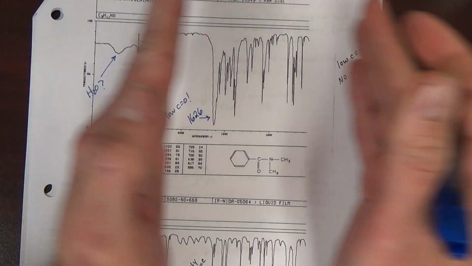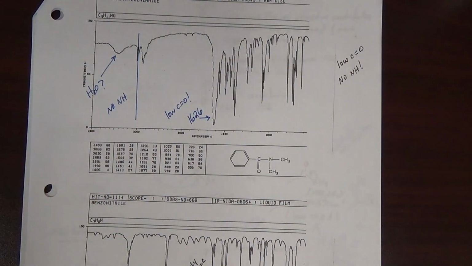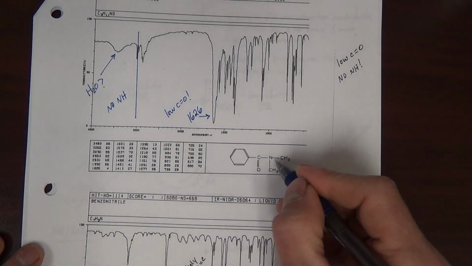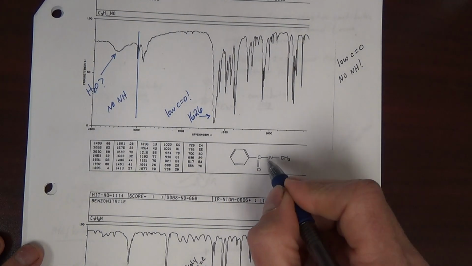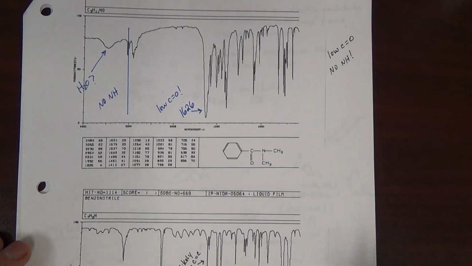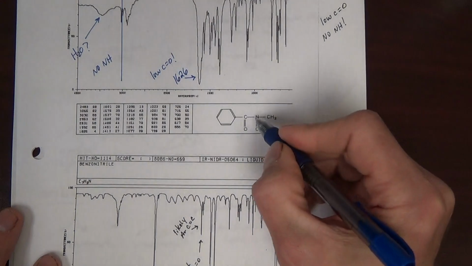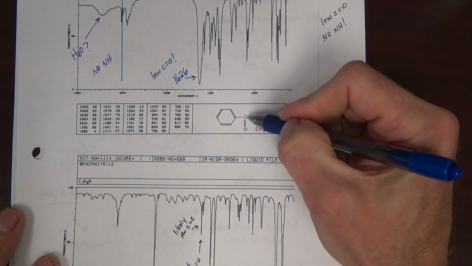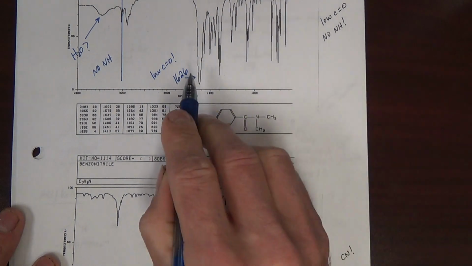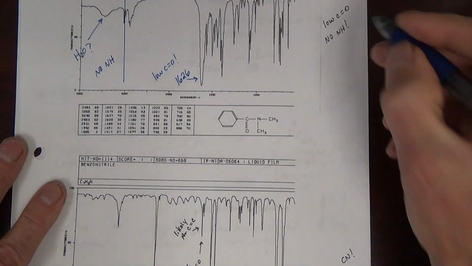When I say low, I'm talking about wavenumber. This nitrogen has two rich friends, so it's very willing to take on a positive charge by donating towards the carbonyl. And again, donation toward the carbonyl is going to effectively weaken the carbonyl, and that's going to lower the value in the IR.